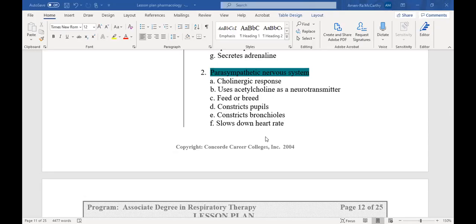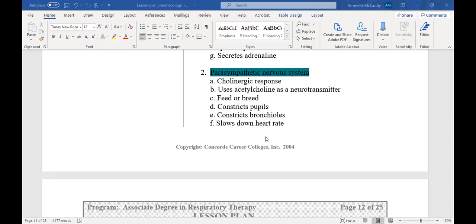So tell me this. If I have a problem, say my cholinergic or acetylcholine is real active in my body, causing the cholinergic response. So Ms. Woods, if my body is experiencing cholinergic stimulation, tell me one thing that's happening to me.